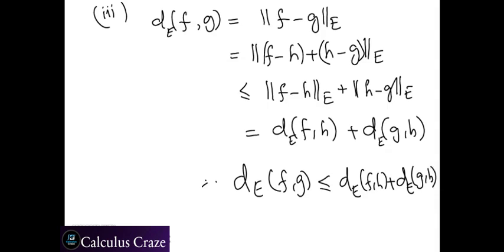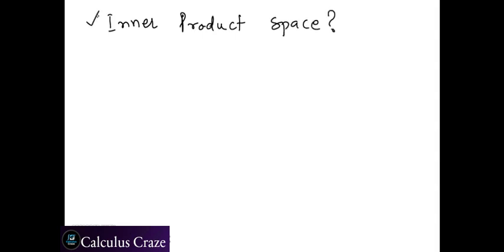If there is any problem, you can ask. Now consequences, or I would say implications, or I would say applications. So for example, how about inner product space? Can I say that every inner product space is a metric space?